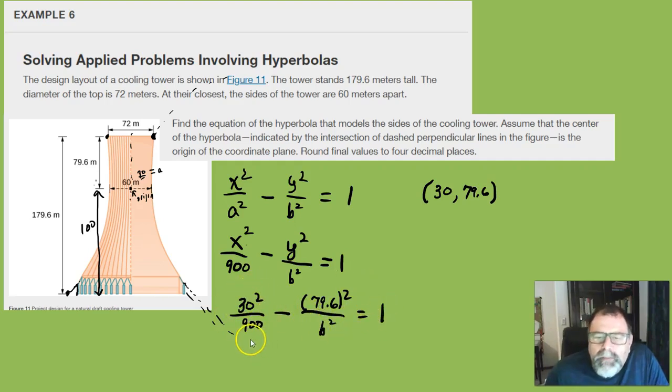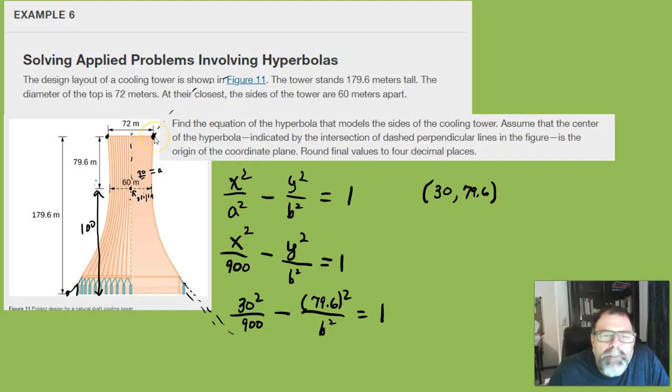So you see this first part is going to be 1, and then 1 minus 1 is 0. Okay, I made a mistake somewhere.